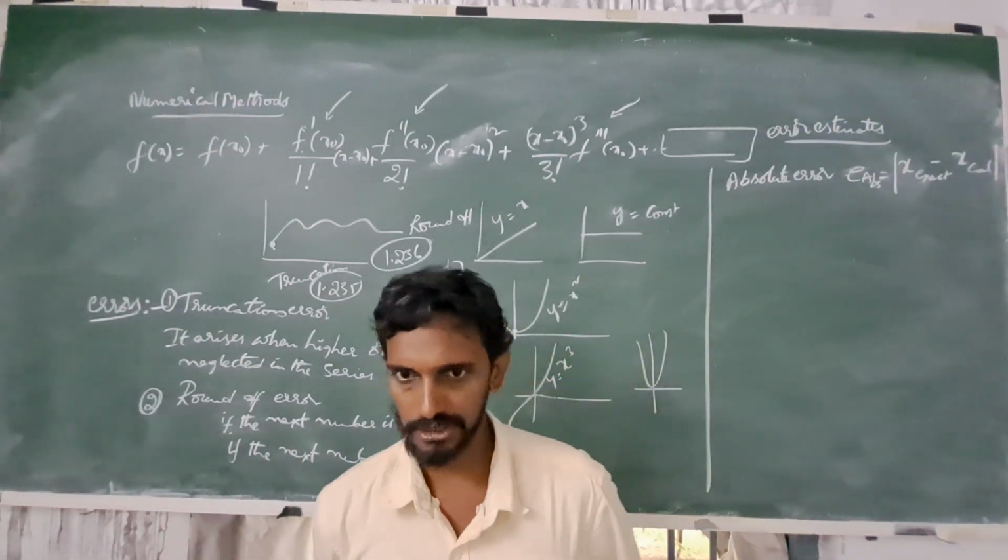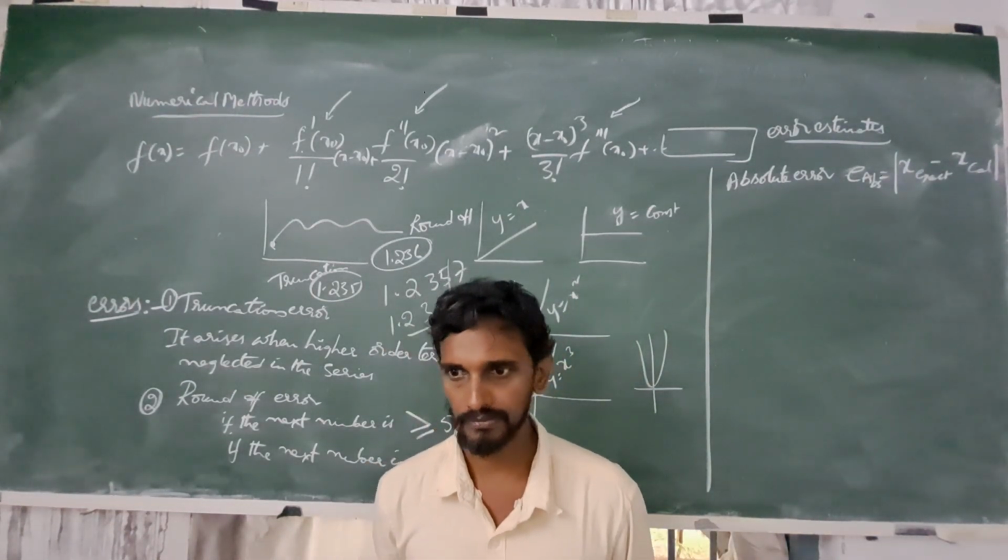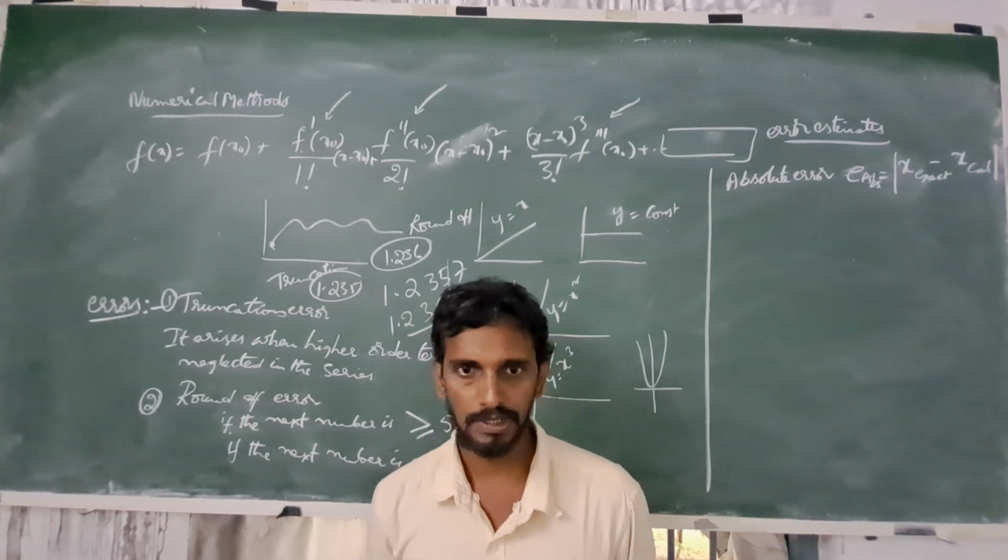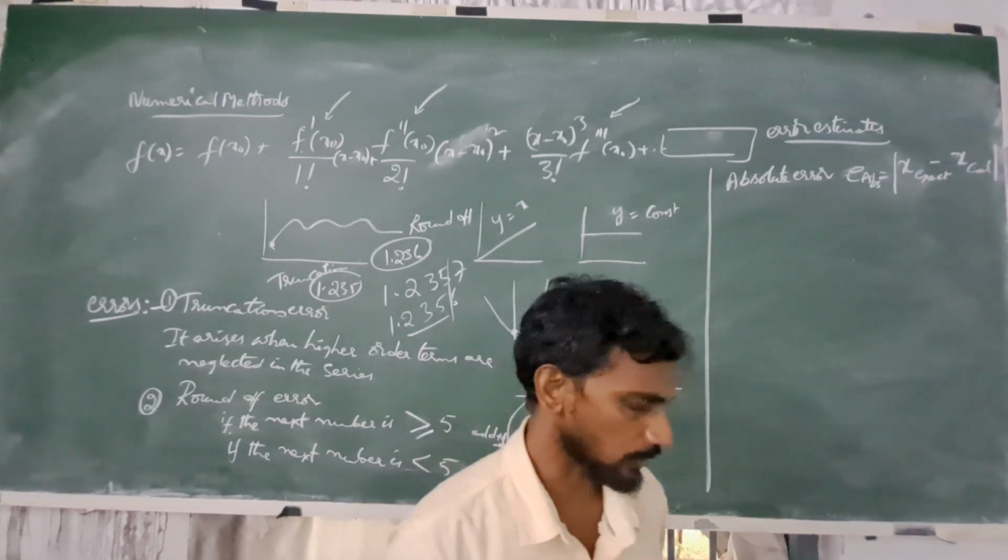Exact value minus calculated value, absolute modulus. So absolute error is a positive number.